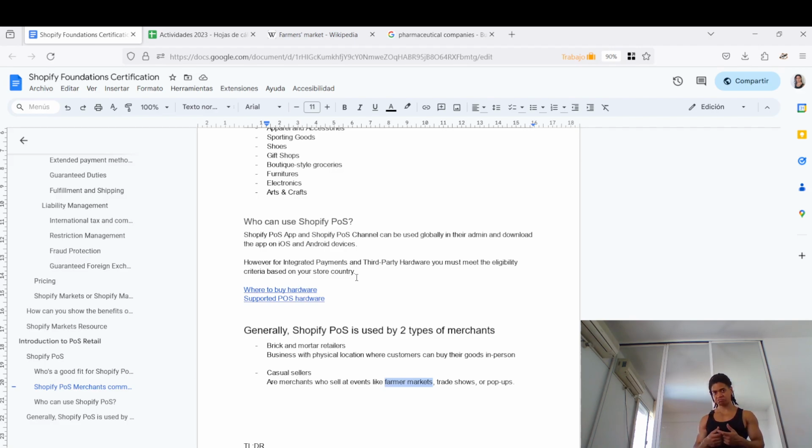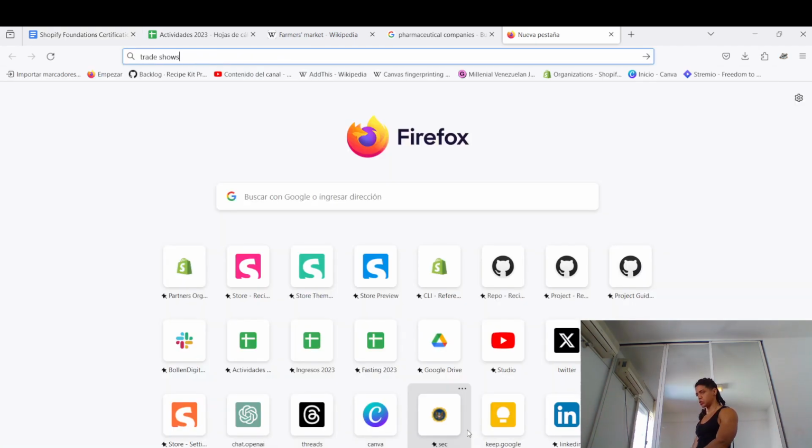Casual sellers are another type of merchants who use Shopify POS in events like farmer markets, trade shows, and pop-ups. This trade show, I would like to take a closer look at.